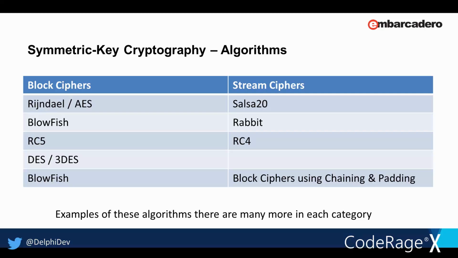Blowfish is another one. Bruce Schneier is responsible for Blowfish, and there's also Twofish, which is a common theme out there. RC5 is a block cipher, and then DES, which stands for Data Encryption Standard, and it's no longer the standard.